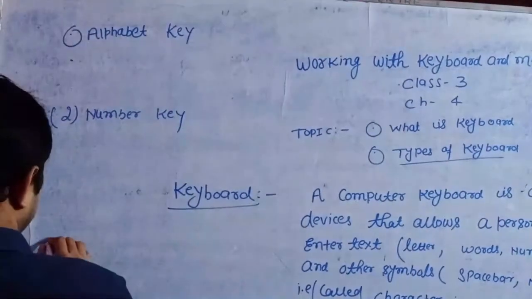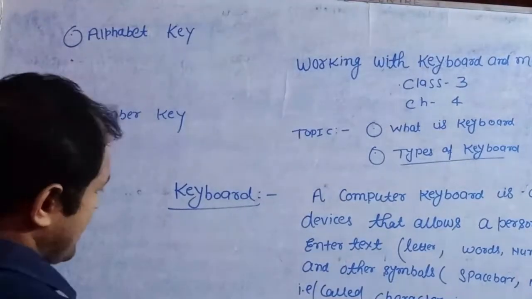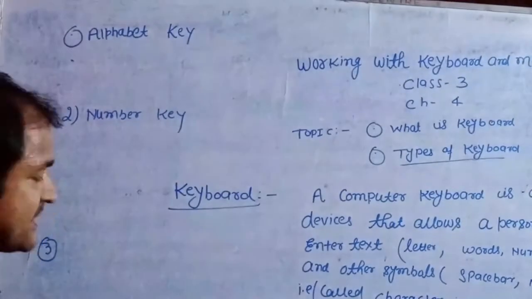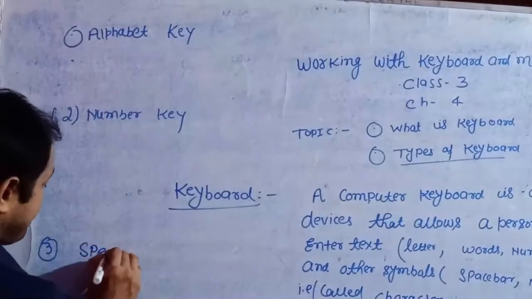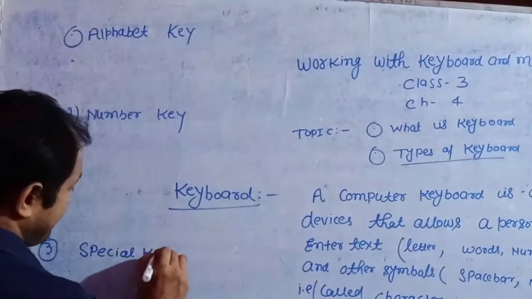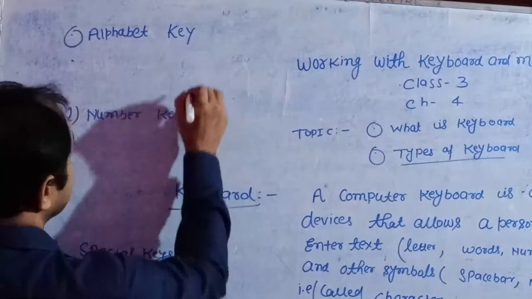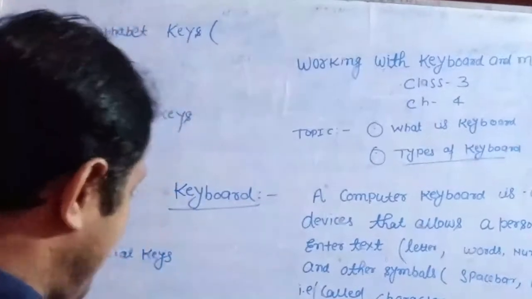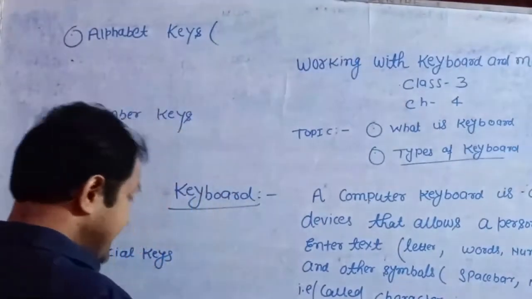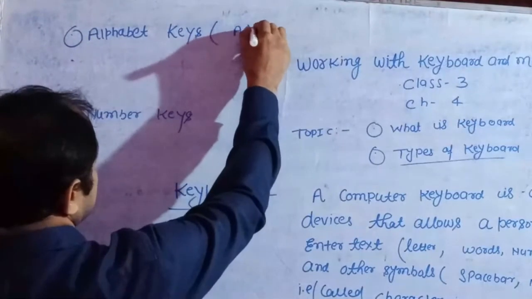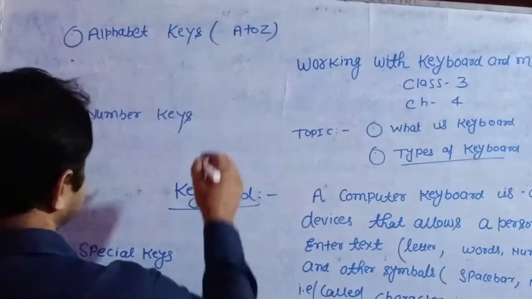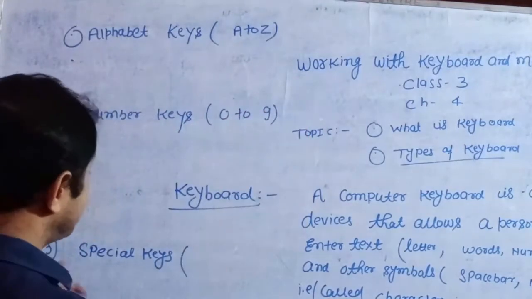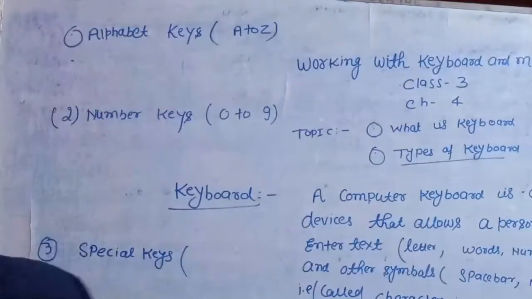And the third type, special key. Alphabet key means A to Z. Number key is 0 to 9, and then the special keys.